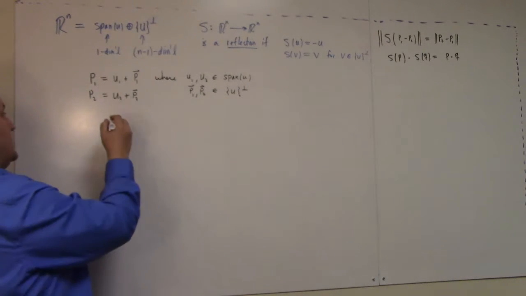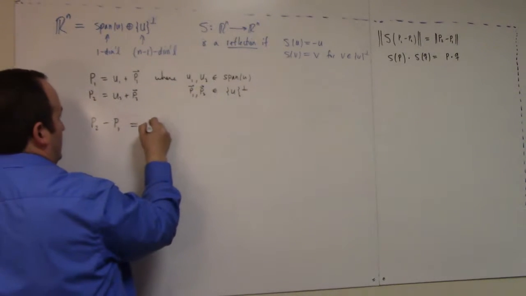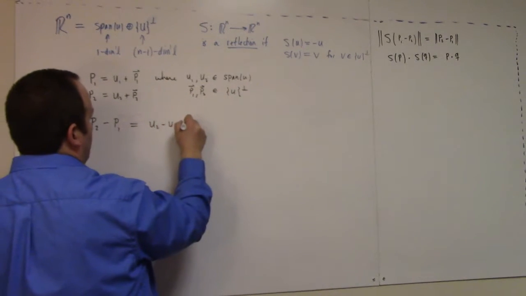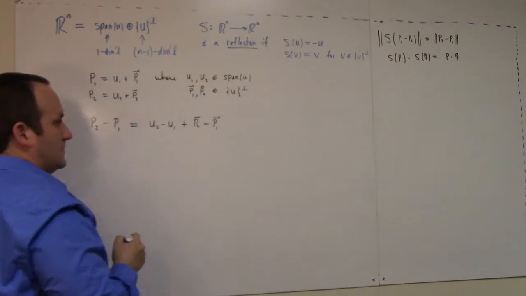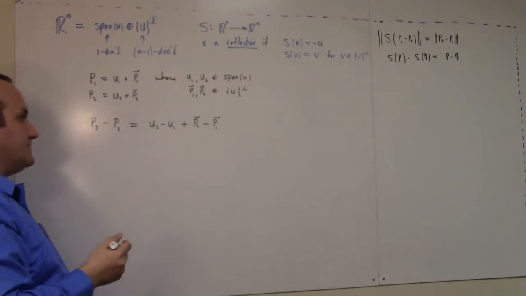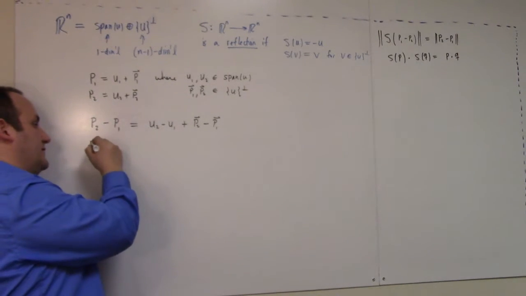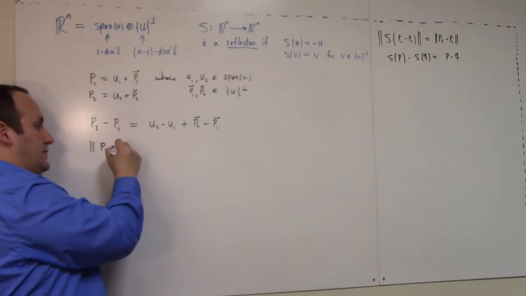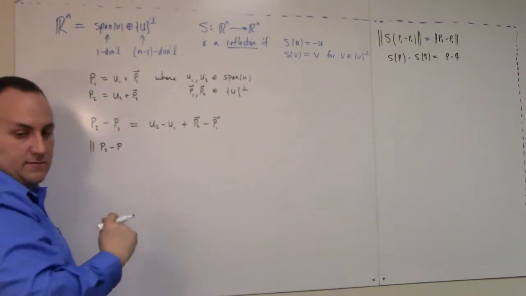So if I look at P2 minus P1, then I've got U2 minus U1 plus P2 vector minus P1 vector, and I can calculate the length squared. I should probably feed this to the reflection.